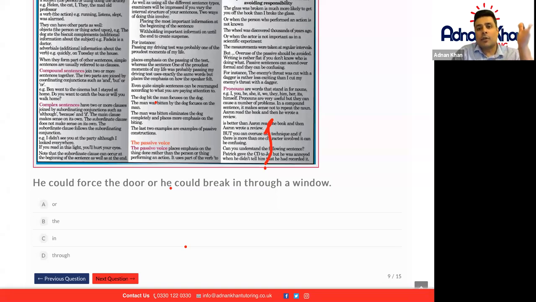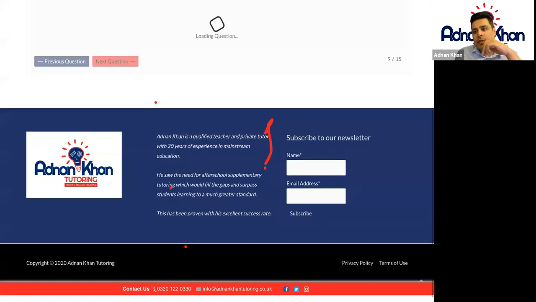Or is correct, yeah. So he could force the door, or he could break through the window. So what is a coordinating conjunction? A coordinating conjunction is when you have two options. Either you pick one, or you can go with the other. So or will be the correct answer in this case.